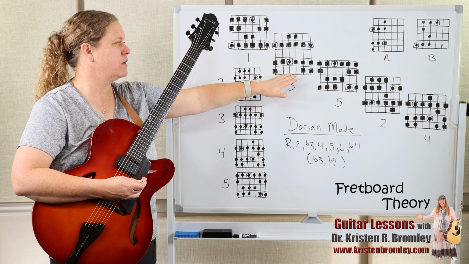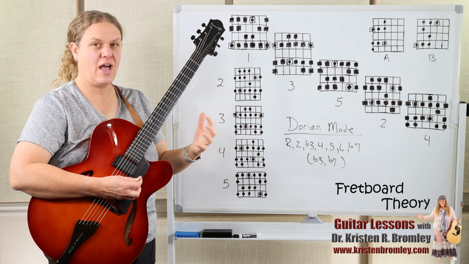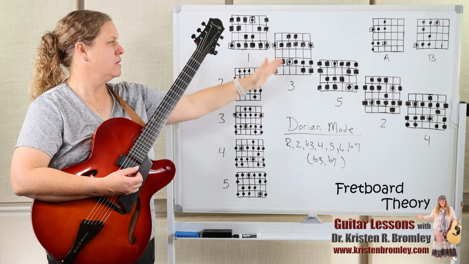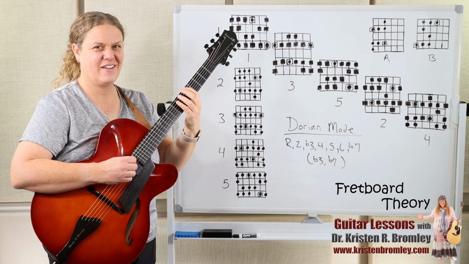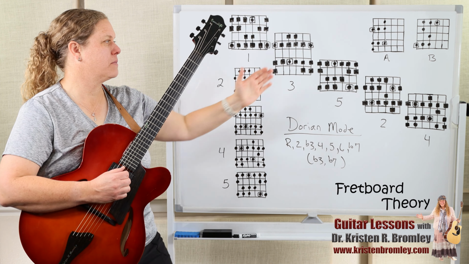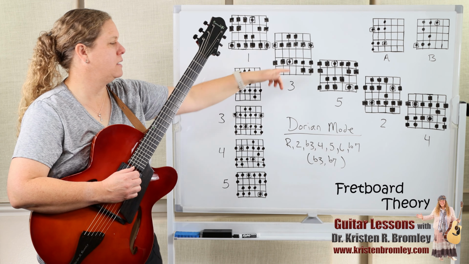But scale form 3, just as an example of how this works, if I do this in the key of A minor, I would start with my form A. And then I've reached that octave, and I'm going to switch to form B here.